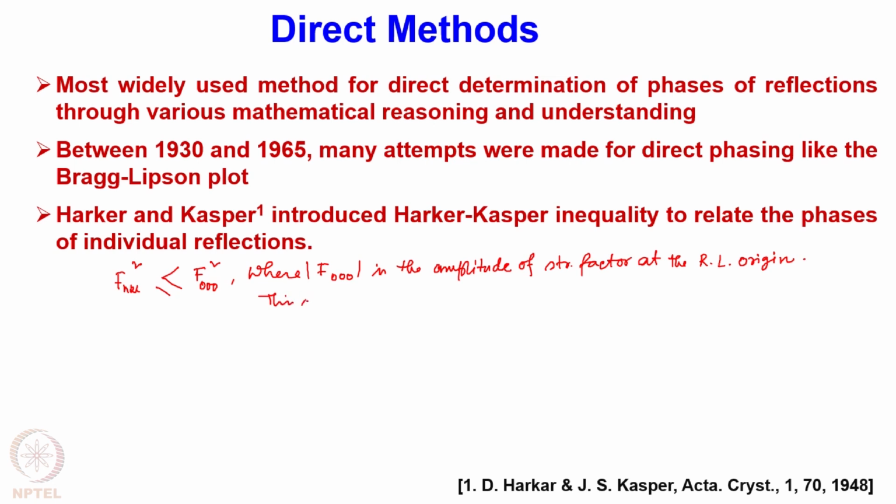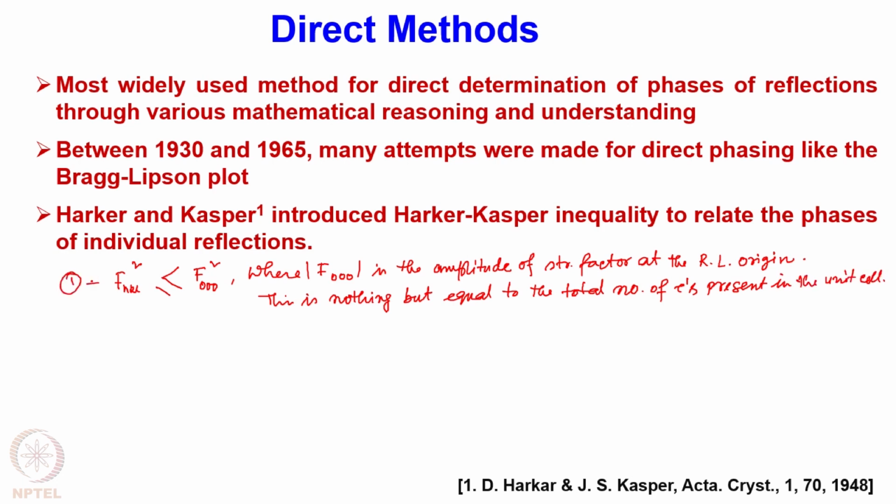This is nothing but equal to the total number of electrons present in the unit cell. So we write this equation as equation number 1.